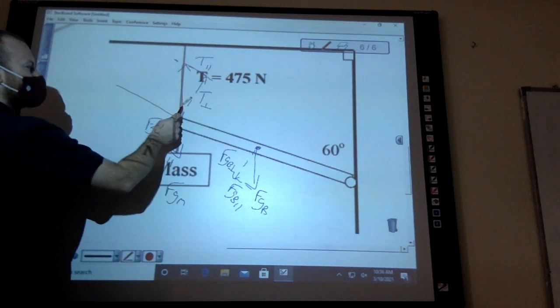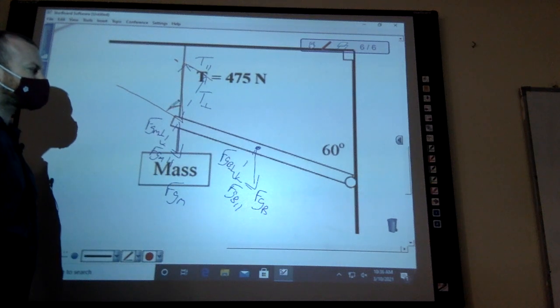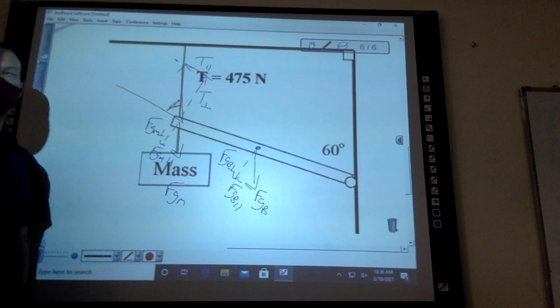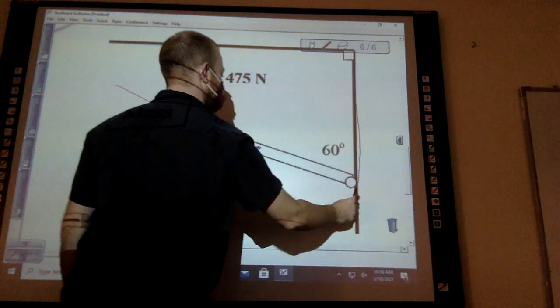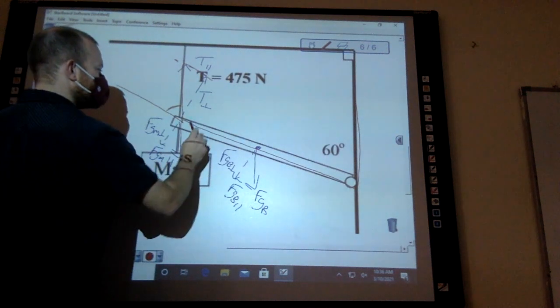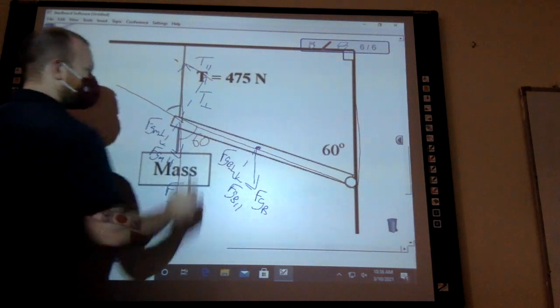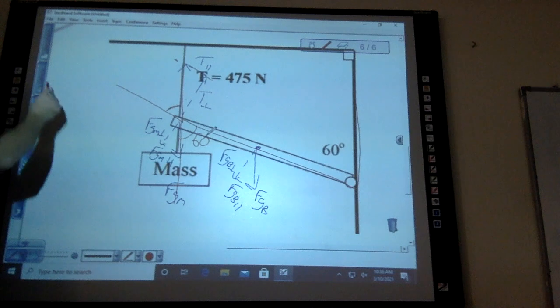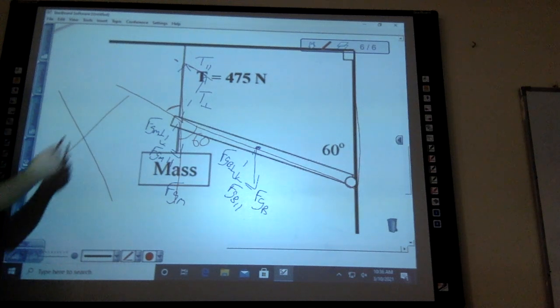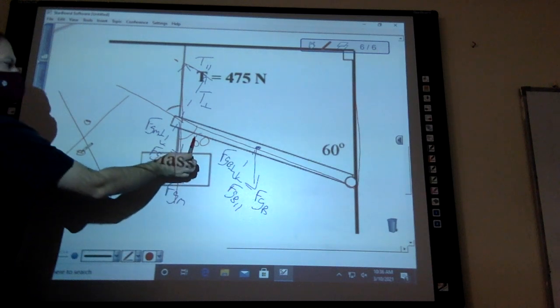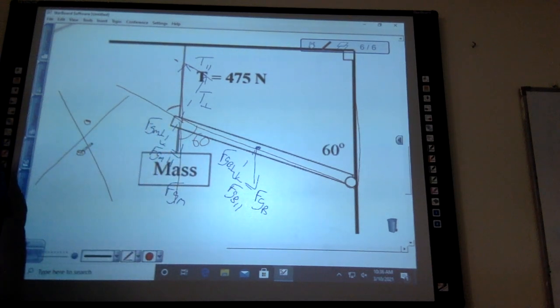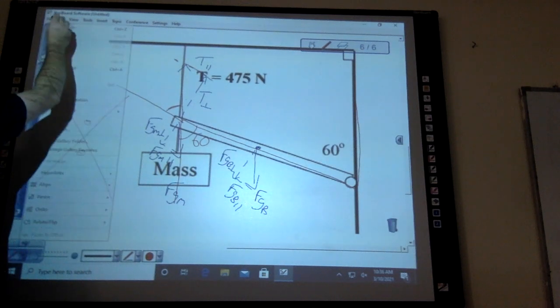So I'd need to somehow show that this is 60. And how could I do that? Well, we know this is 60, right? What happens if I have two lines that go like this? What can you tell me about this angle? They're equal. So if this is 60, this one has to be 60. This one has to be. Yeah, so there's one way we can talk about it.